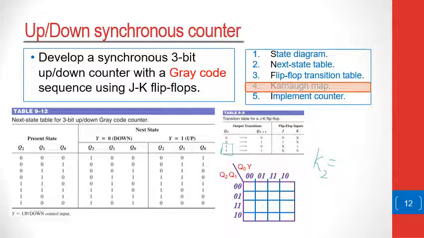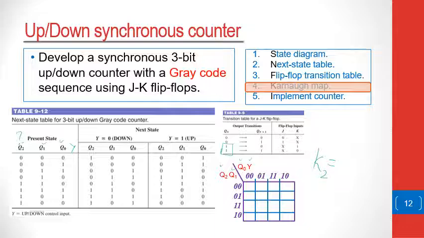And because it's K2, we'll just look at this particular Q2, what Q2 should be. And in this case, remember, the way the inputs are, it's going to be Q2, Q1, Q0, as well as the input Y. And so now it looks like we have a K map of 4 variables, Q2, Q1, Q0, and Y.